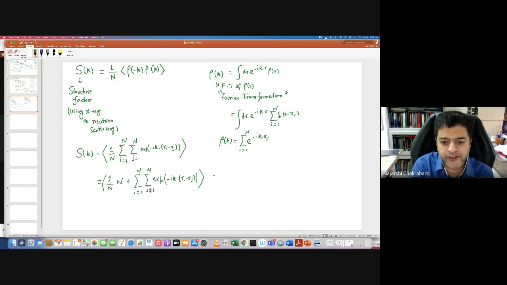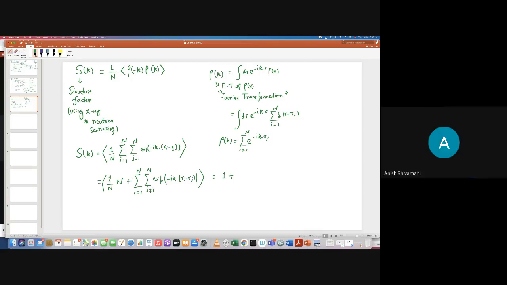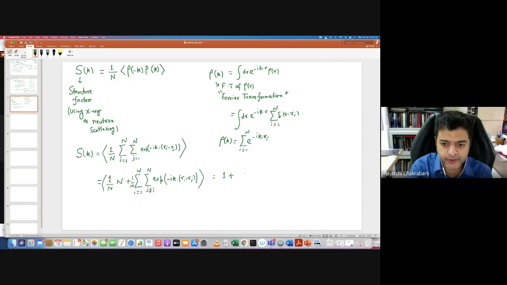So the first term gives you 1, no? You can take it out. Is it fine? The second term will also have a 1 over N. Yes, I forgot, this will have 1 over N. Now 1 over N is a constant. I can put it outside also, but if you want, I can put it inside.